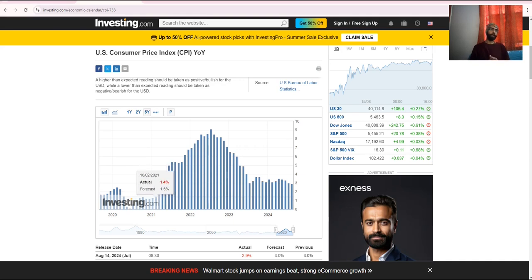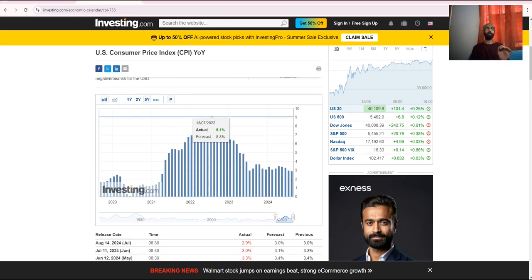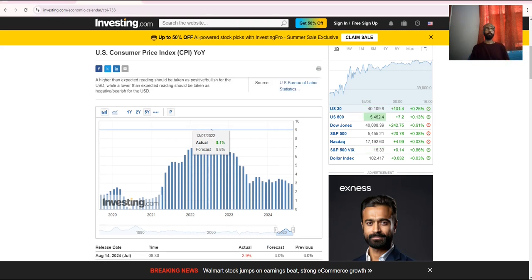Now from 2021, this number started increasing. 1.4%, 1.7%, 4.2%, 5.4%, then it's going up. We are in the beginning stages of 2022. The inflation is at 7% and it's still going up. As of July 2022, it is 9.1%, right?